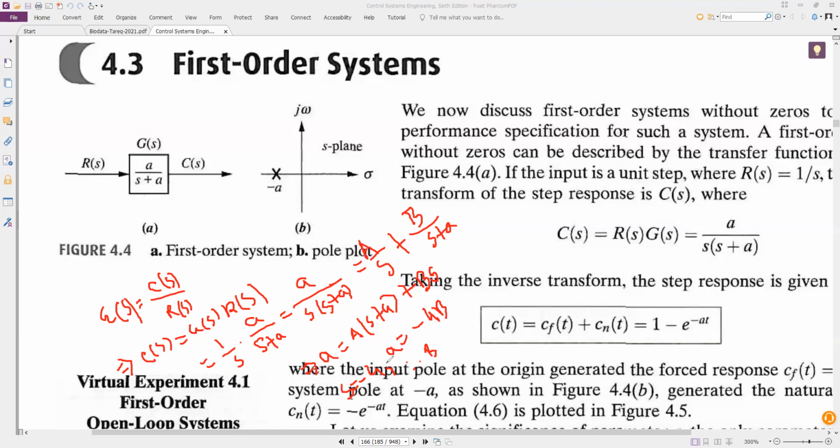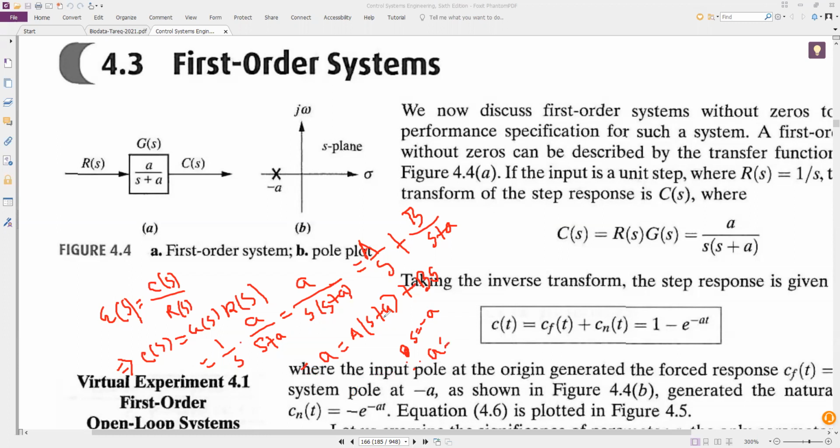Okay, now say S is equal to minus a. If you put this one, then what would happen?